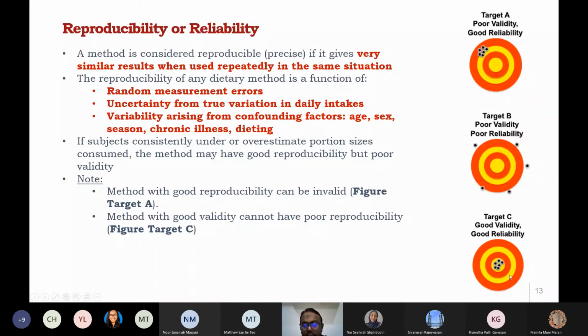So a method with good validity cannot have poor reproducibility. Whenever you have a good validity, by default you will have a good reliability or reproducibility at the same time. You cannot have good validity but poor reproducibility.